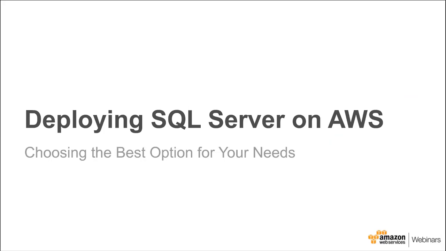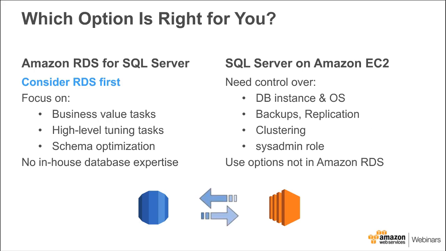Before we dive in, I'd like to briefly outline what the deployment options on AWS are. As you may already know, AWS has two services that can be leveraged to run Microsoft SQL Server. Amazon RDS, which stands for Relational Database Service, is a fully managed service that takes some of the administrative tasks off your shoulders.